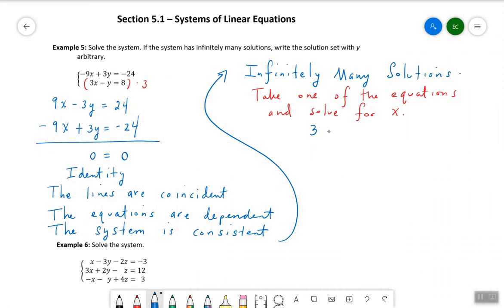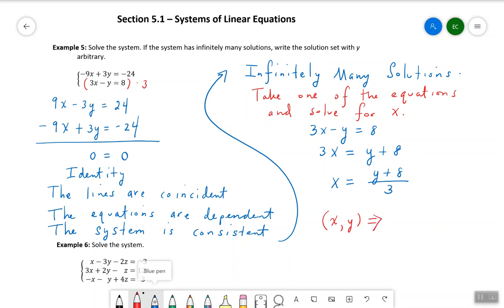Let's write 3x minus y equals 8. So if we add the y to the other side, we have y plus 8. And then x is y plus 8 over 3. So we're ready to write our answer. Remember, the answers are ordered pairs.